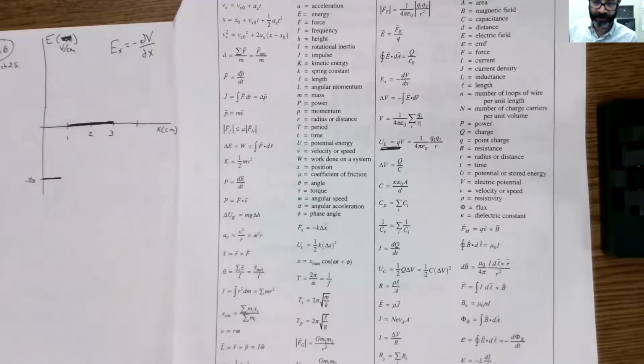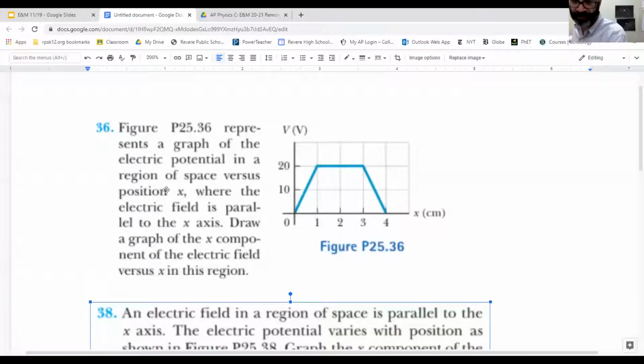And then finally, we have from 3 to 4 centimeters. What's the slope and the electric field from 3 to 4 centimeters? Negative 20. So that would be positive 20. Yeah, the slope is negative 20. It's a negative slope now.